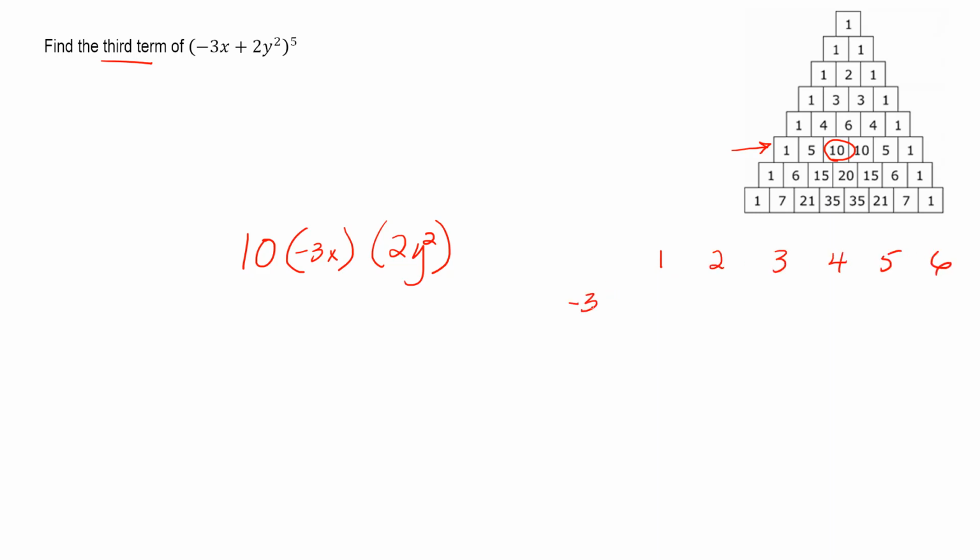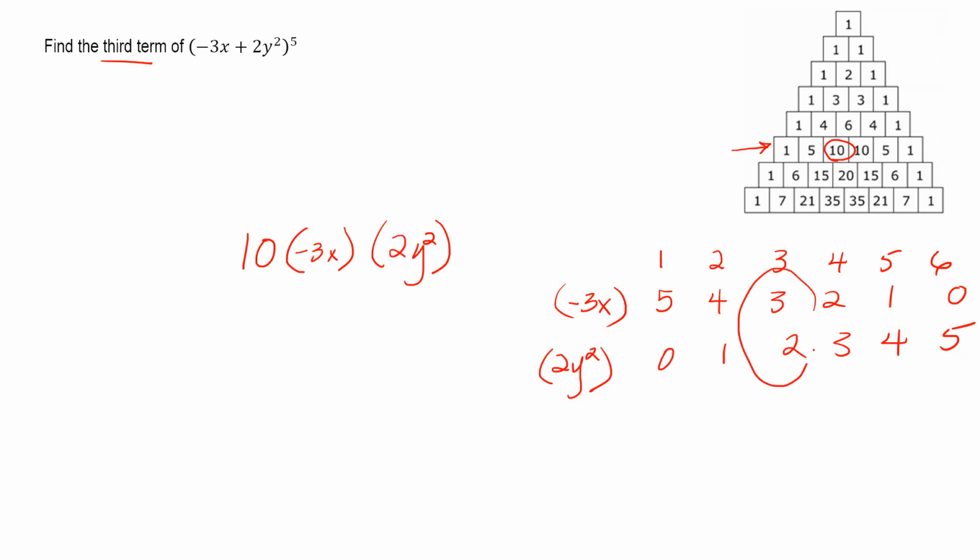And negative 3x, on the first term, will start out to the 5th power and go down. And the 2y squared will start out at the 0 power and go up. So these are the powers that will be in the third term. So the negative 3x will be to the 3rd power. The 2y squared will be the 2nd power.